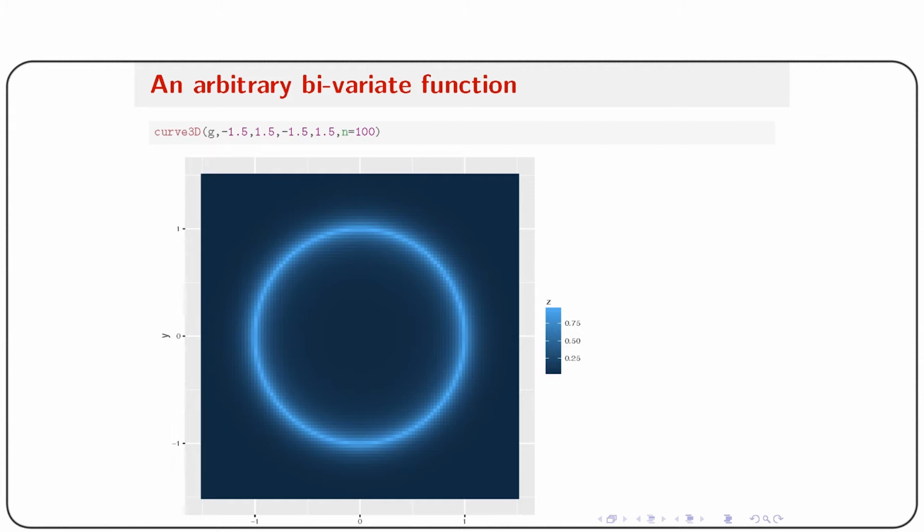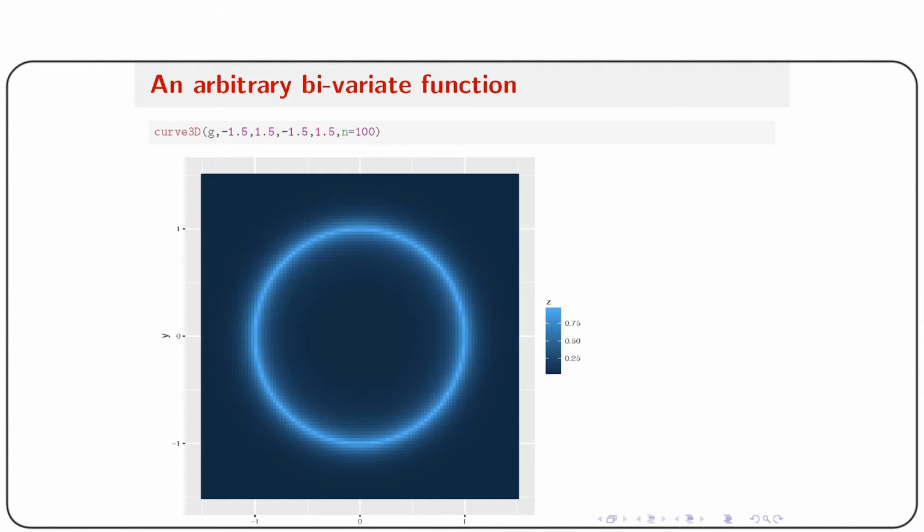And if you draw it from minus 1.5 to 1.5, minus 1.5 to 1.5, and n equals say 100, that will give you this 3D plot. So this is the bivariate function of the arbitrary equation that I assumed.